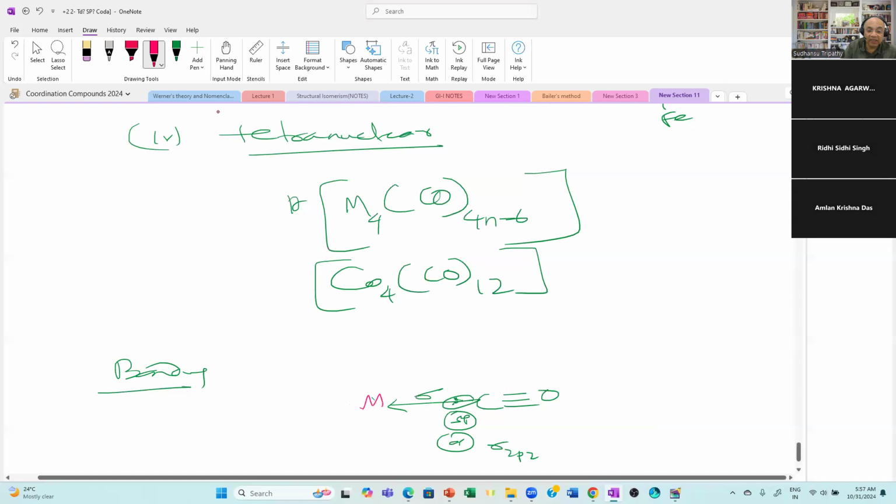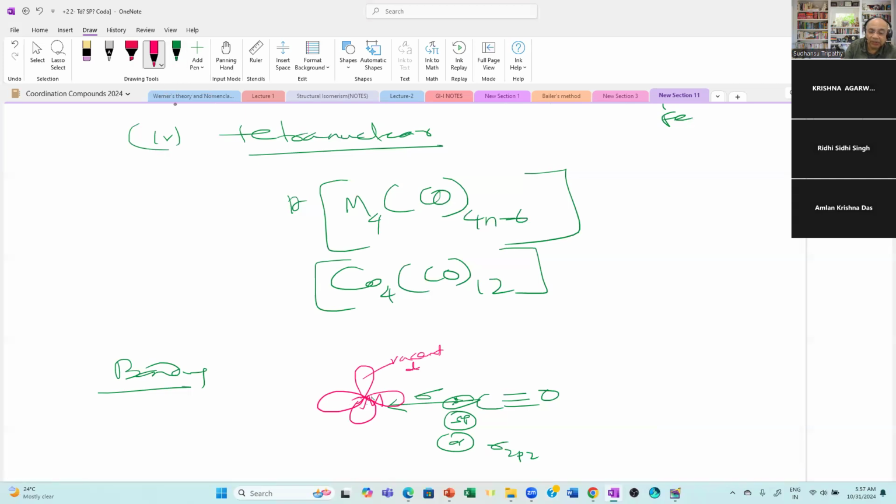It should be directly bonded. So the vacant d orbital of the metal, sigma. But pi will be opposite.